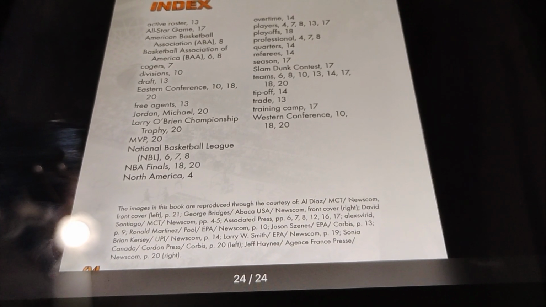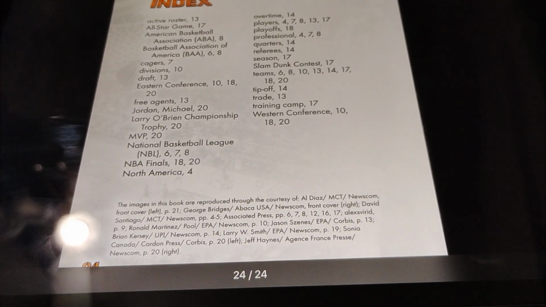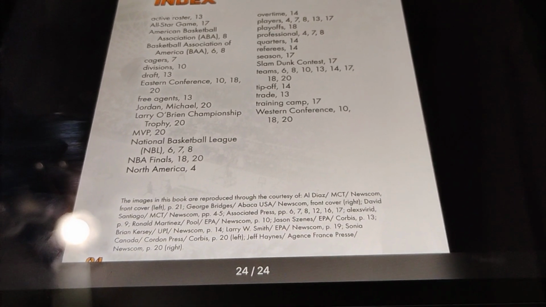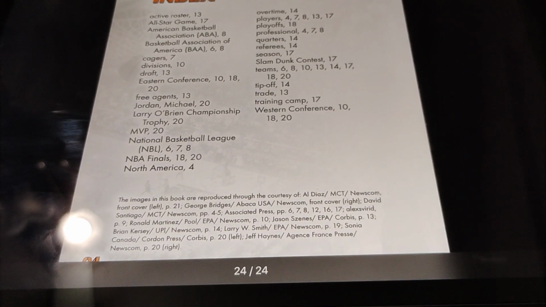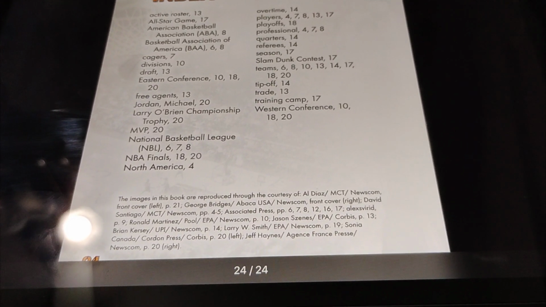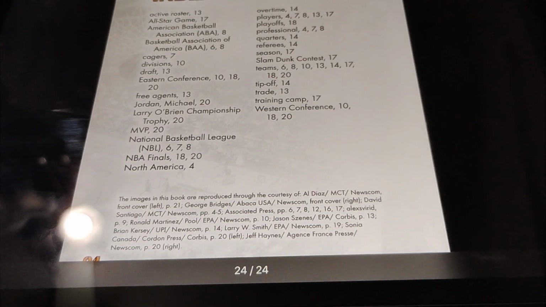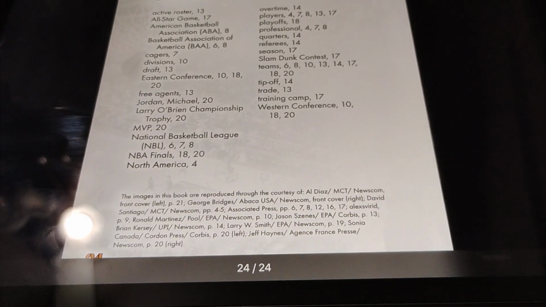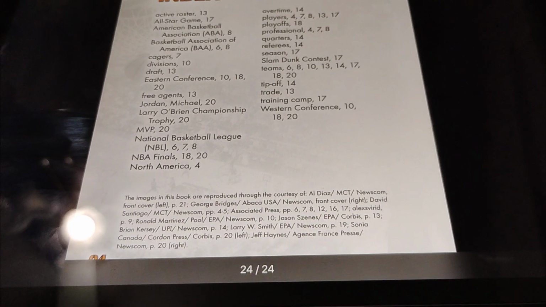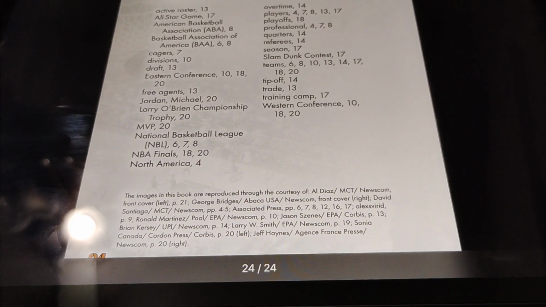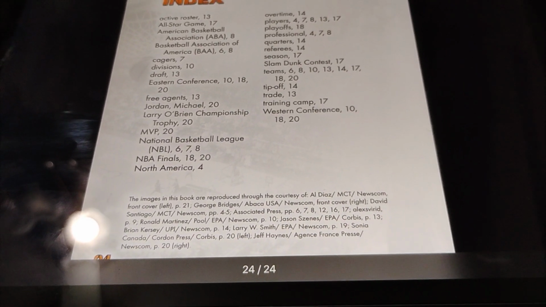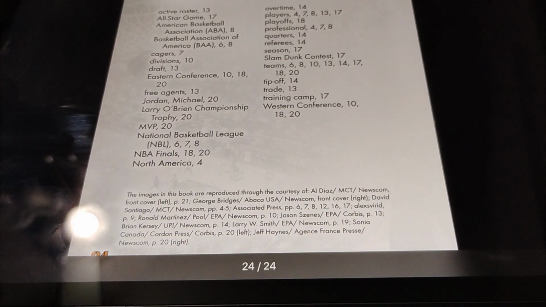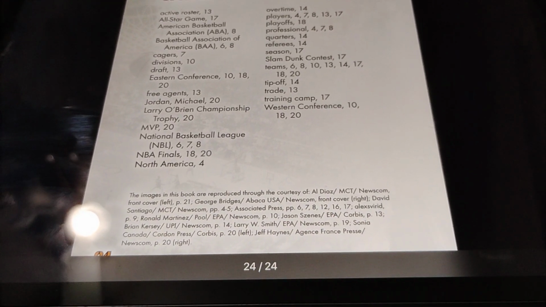North America, 4. Overtime, 14. Players, 4, 7, 8, 13, 17. Playoffs, 18. Professional, 4, 7, 8. Quarters, 14. Referees, 14. Season, 17. Slam Dunk Contest, 17. Teams, 6, 8, 10, 13, 14, 17, 18, 20. Tip-Off, 14. Trade, 13. Training Camp, 7, 17. Western Conference, 10, 18, 20.